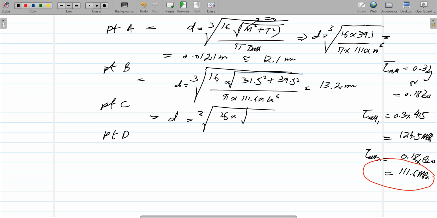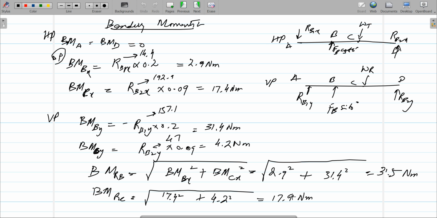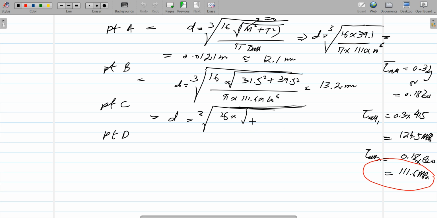16 into, now the moment at point C, as from the previous case, is 17.9. So 17.9 square plus torque is 39.1, sorry, the torque is 39.1.